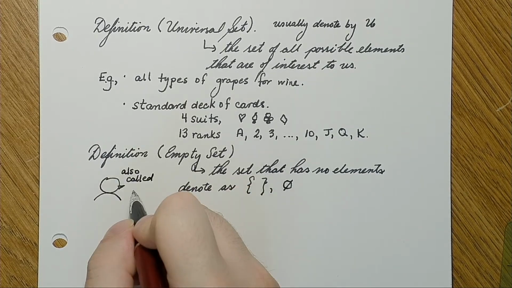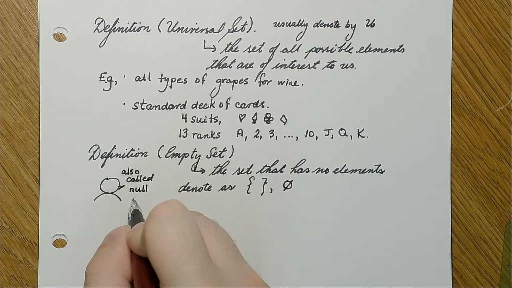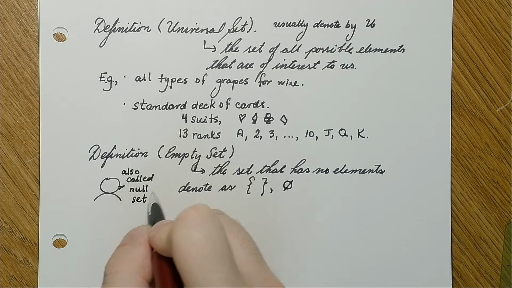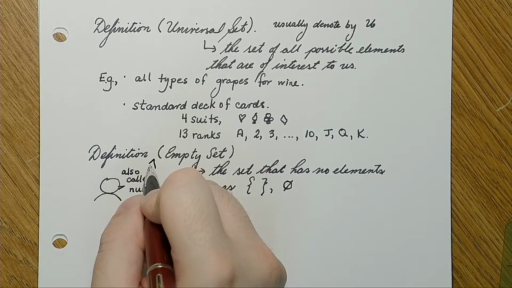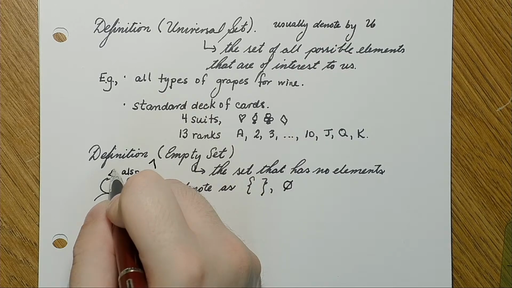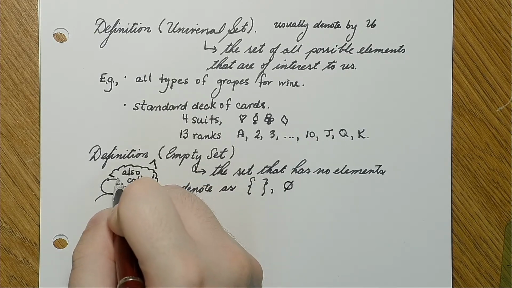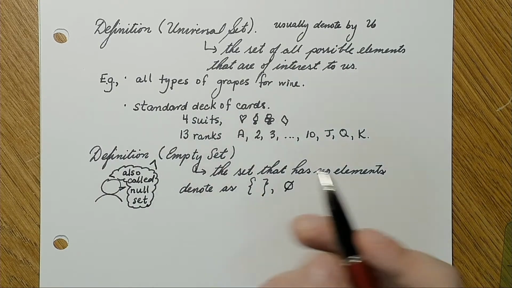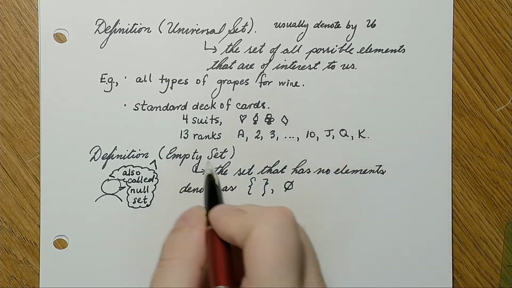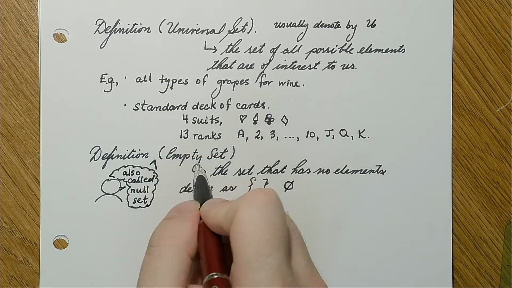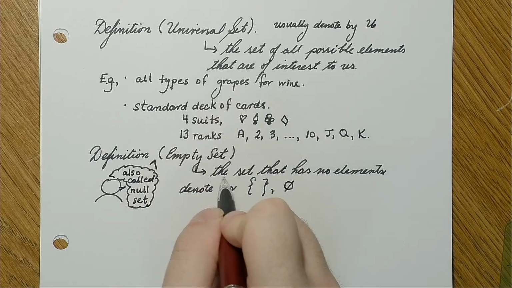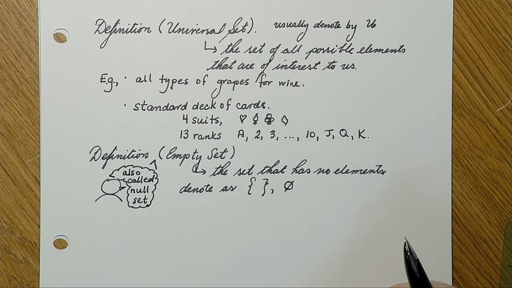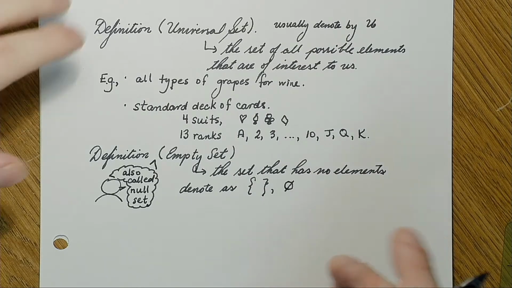This is also, if you're eavesdropping on mathematicians, some people will also call this the null set. Just in case I drop that term. The empty set is again a set that has no elements. Okay.